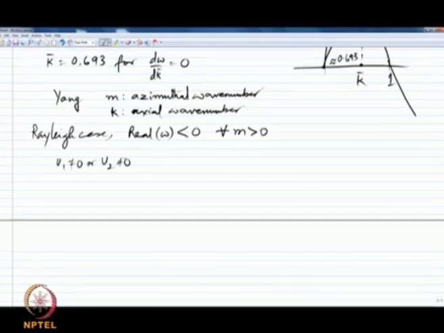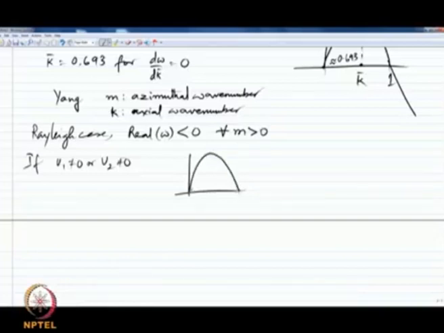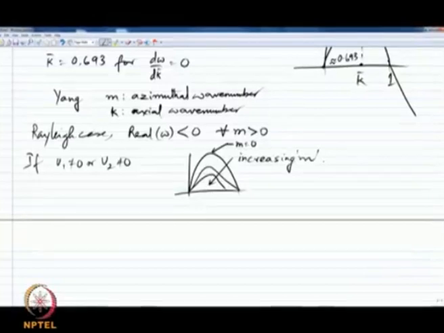For this case, the dispersion diagrams for different m, if the outer curve was for the case of m equal to 0, all the other m values 1, 2, 3 etc. would all have growth rates less than the growth rates for m equal to 0.